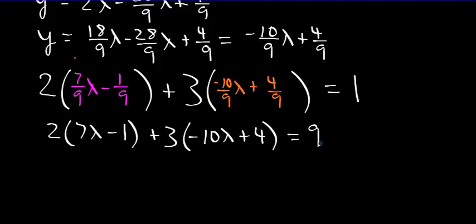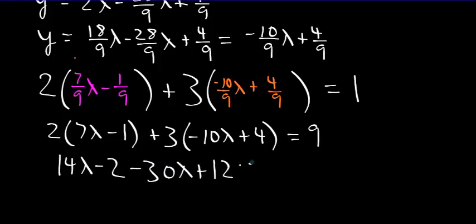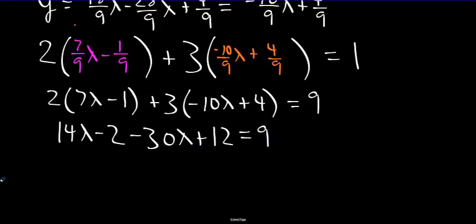Now, let me figure out what lambda is. So I've got 14 lambda minus 2 plus negative 30 lambda plus 12 equals 9. And what I'm trying to do is solve for lambda, because if I know what lambda is, I can go back and figure out what x and y are. That's what I'm shooting for.